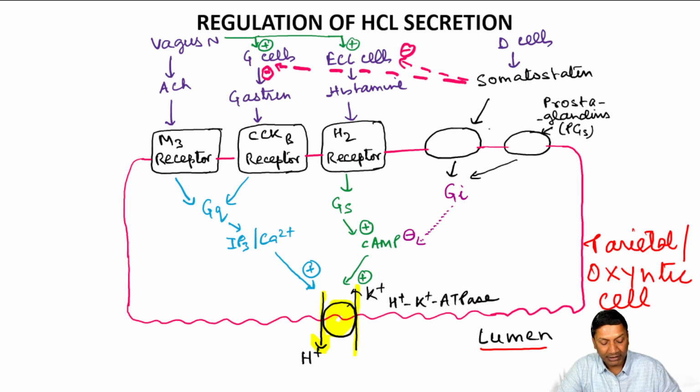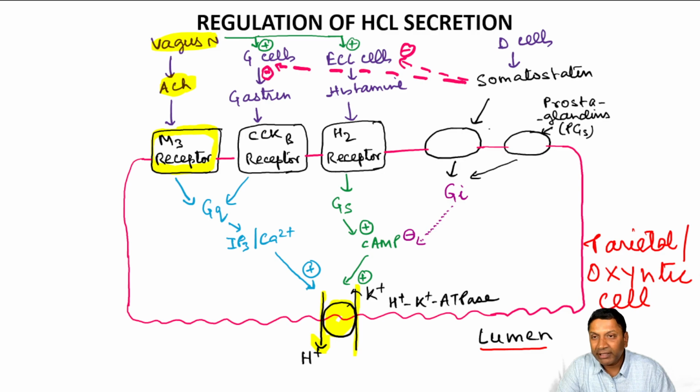The secretion of the hydrogen ion is affected by, one, the vagus nerve, right? This vagus nerve will release the neurotransmitter acetylcholine. This acetylcholine will bind on the M3 cholinergic receptor. Here M stands for what? The muscarinic. So M3 muscarinic cholinergic receptor, it is a type of acetylcholine receptor.